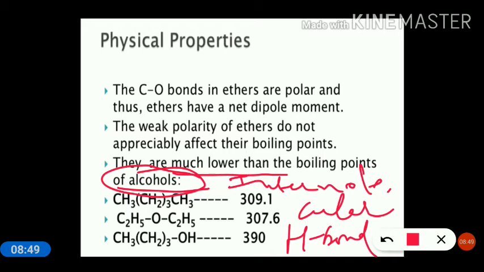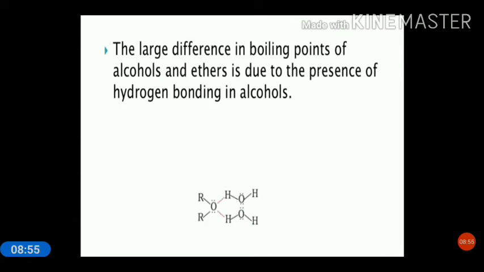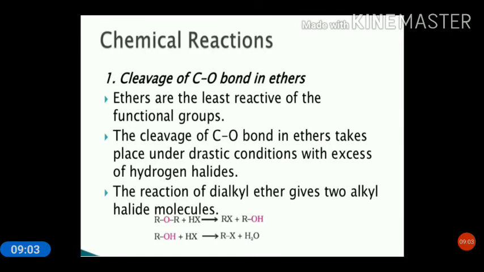This is one of the reasons for the higher boiling point of alcohols. The large difference in the boiling points of alcohols and ethers is due to the presence of hydrogen bonding, as I told you.